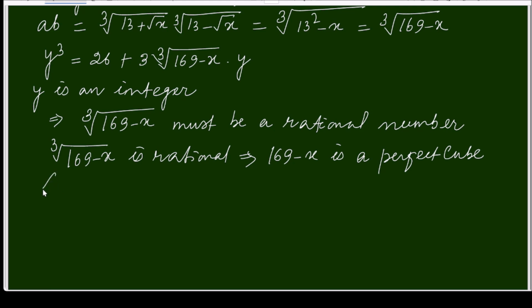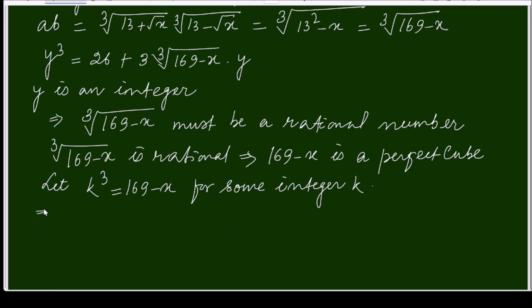So let it be k cube. Let k cube equal 169 minus x for some integer k. So x equals 169 minus k cube.